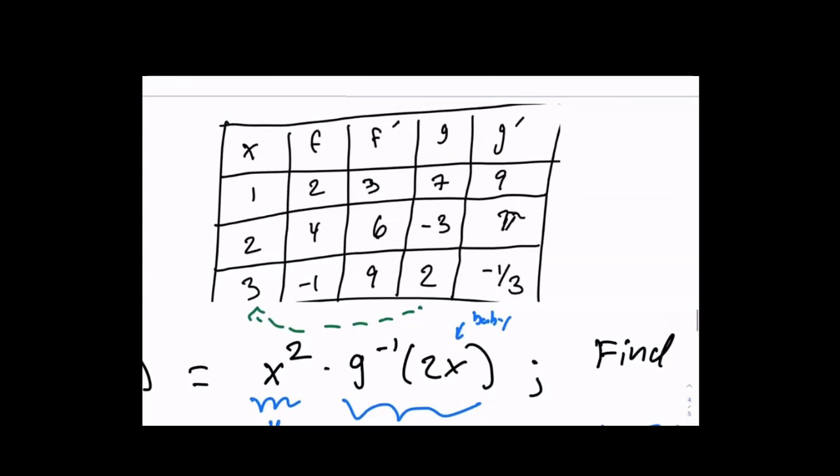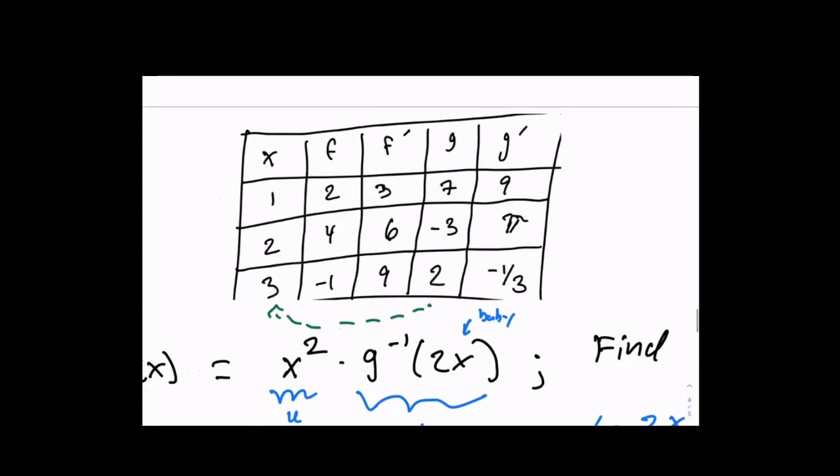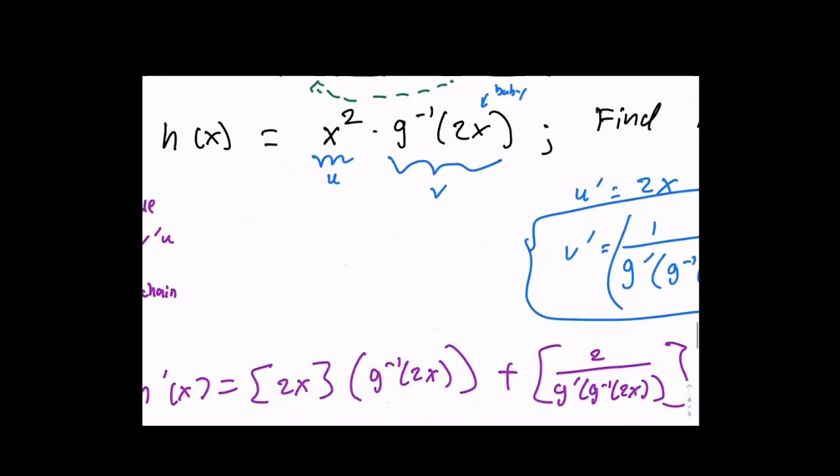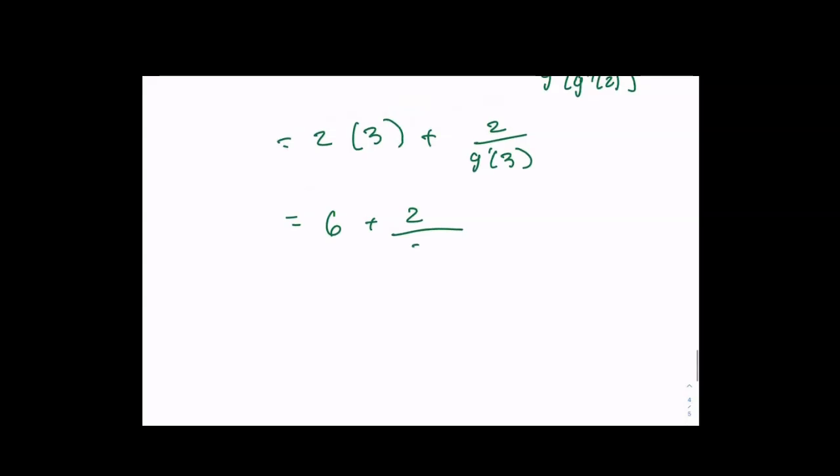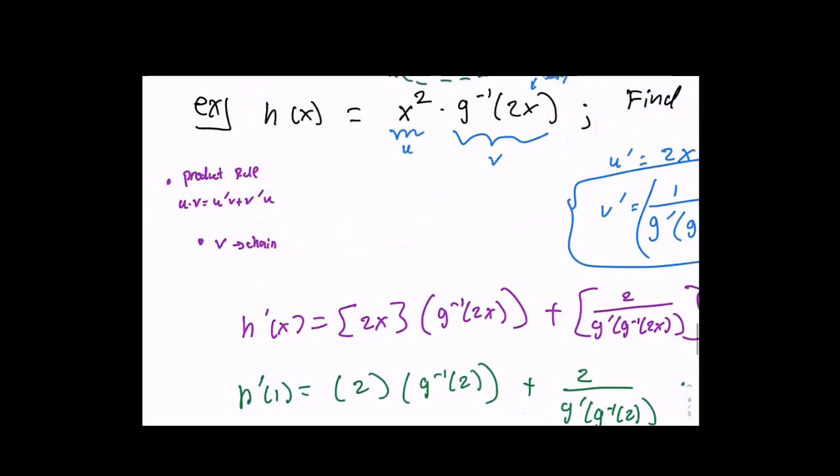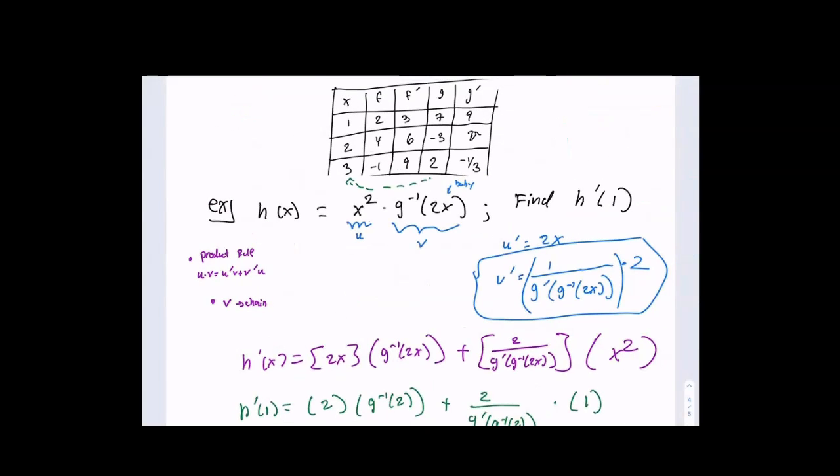Mr. G, can you repeat what you said? What's g prime of 3? Thank you, Norda. It is negative 1/3. Just reading the table. No calculus involved. G prime of 3, read the table, negative 1/3.